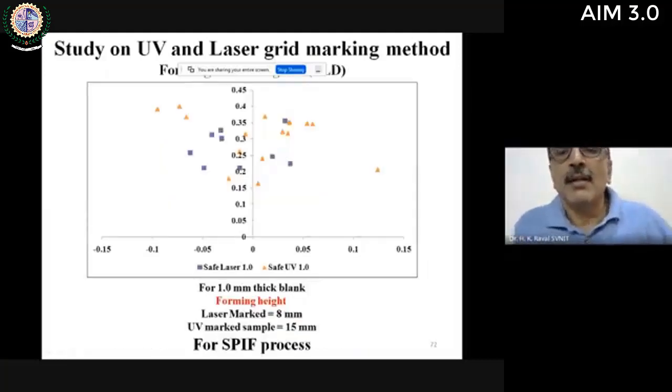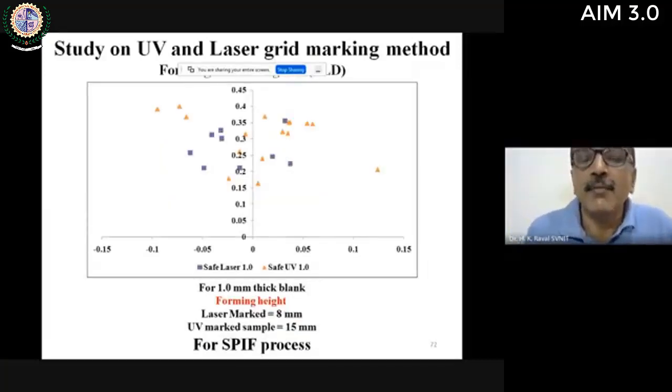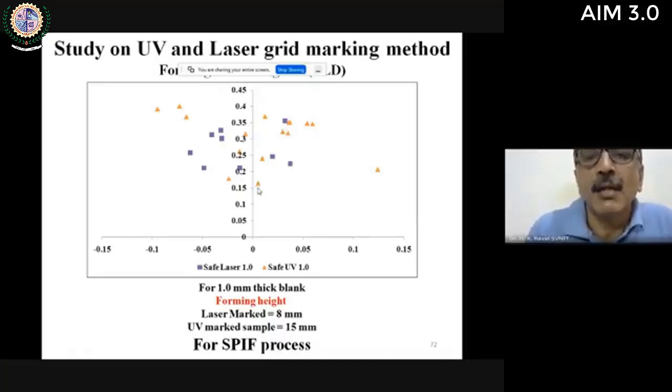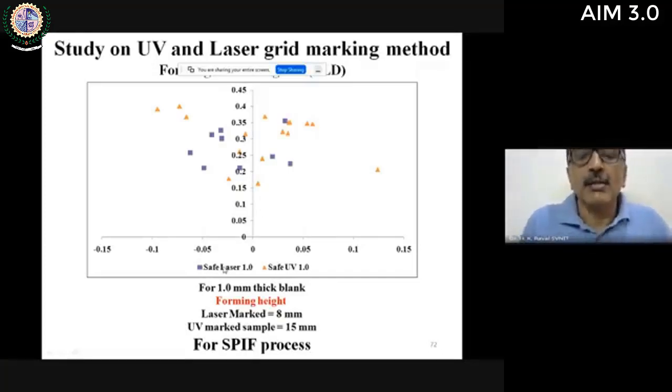Then we plotted the FLD, and it is observed that the FLD plotted using the UV mark sample has resulted in a minimum strain or lesser strain, which can be seen here. This triangle shows the UV marking, and these rectangles are shown as a laser mark.